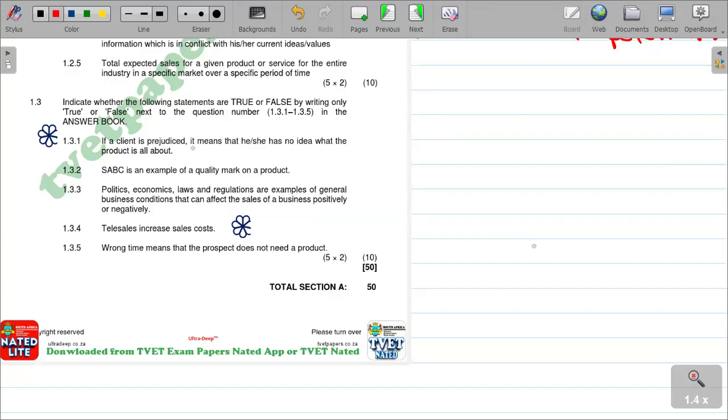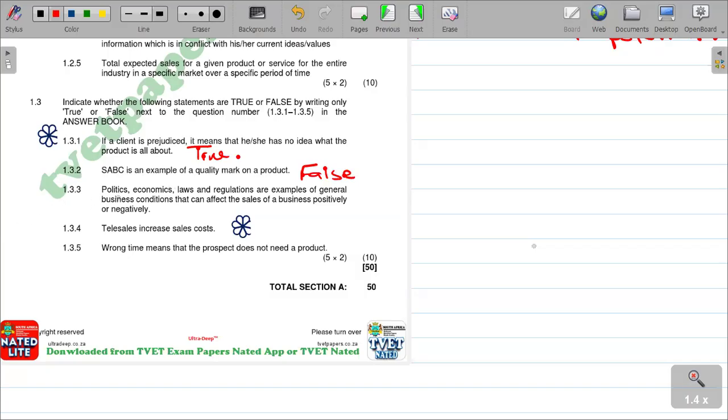That's true. 1.32, SABC is an example of a quality mark on a product. That's false. It's not a marking. It's not a trademark.